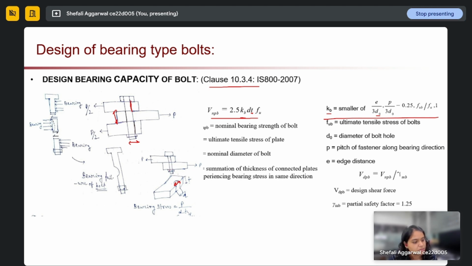So there is no consideration of bolt strength in that way. We have not used the ultimate strength of the bolt. We have used only the plate ultimate strength, and we are calculating the bearing strength of the bolt. Even fu, we are taking the ultimate strength of plate only, not of the bolt. Yes.